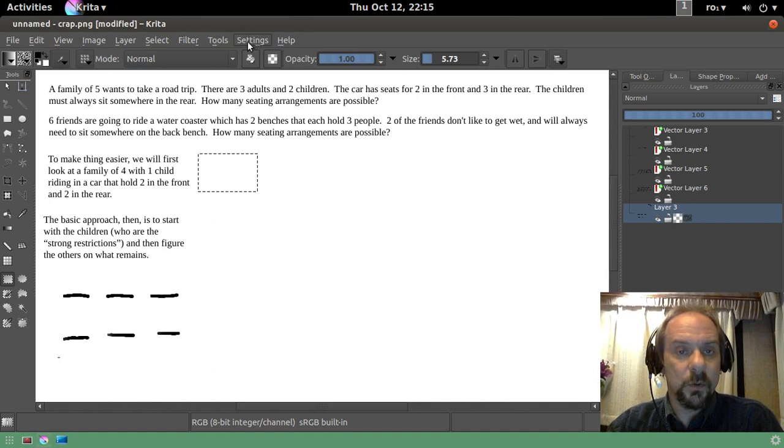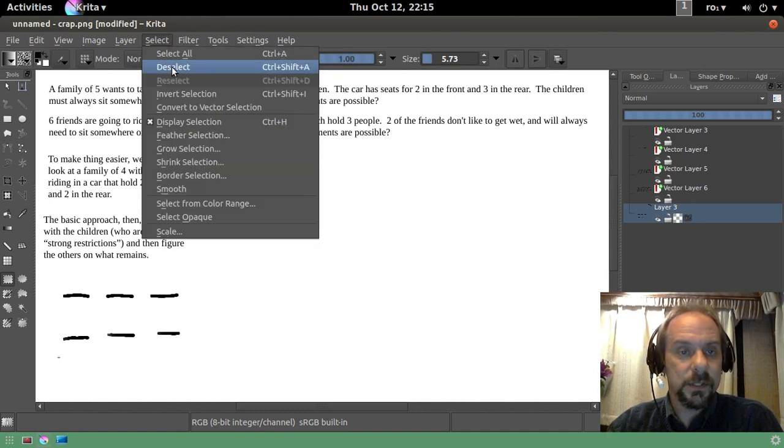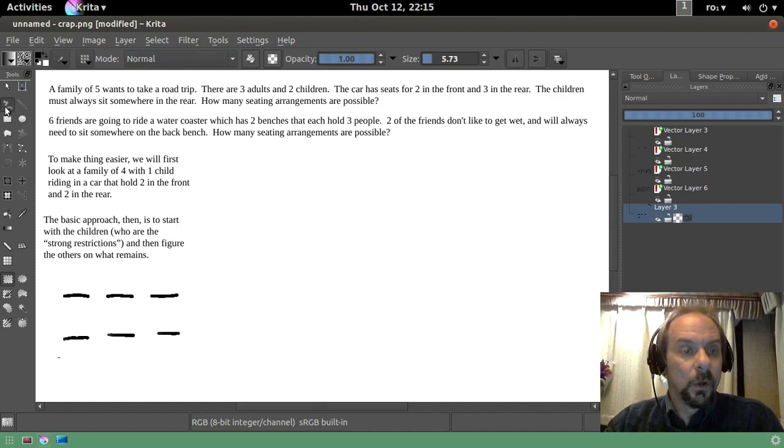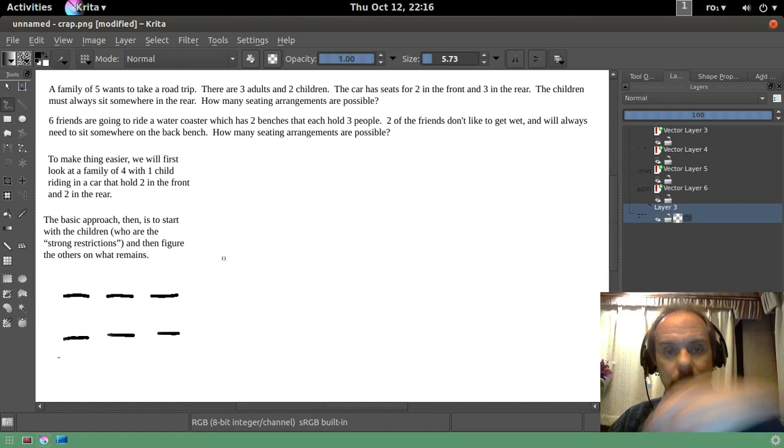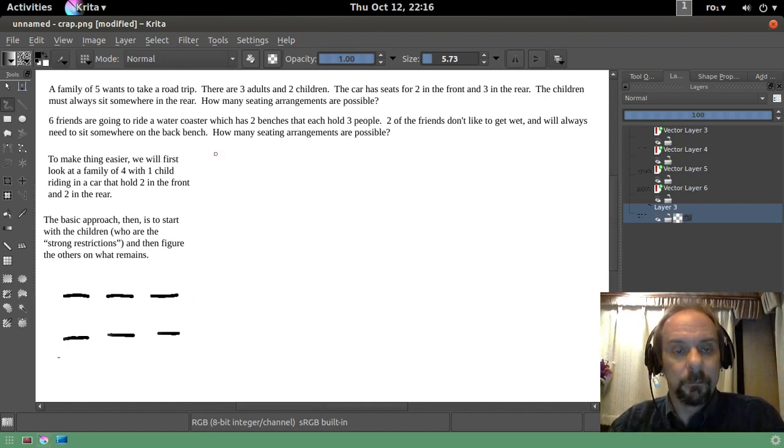What we can do then is deal with the 3 seats choosing 2 people. So we have 3 benches, which are going to permute over 2 people. I apologize for saying choose a moment ago, but 3 benches permute over 2 people.